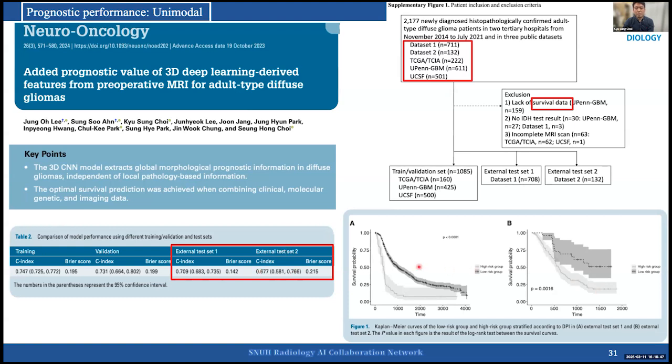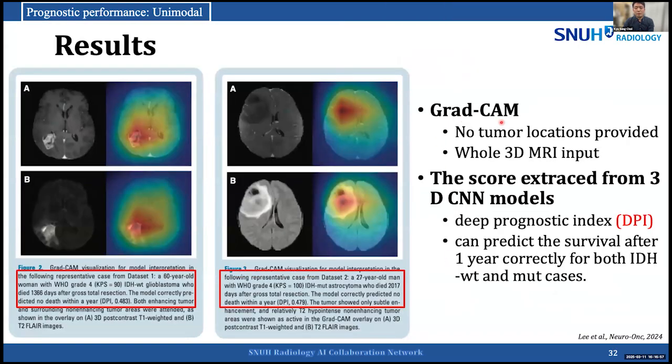The Kaplan-Meier plots showed significant risk stratification using the log-rank test for both external test sets. The Grad-CAM confirmed the tumor location with whole 3D MRI input without providing tumor locations into the model.